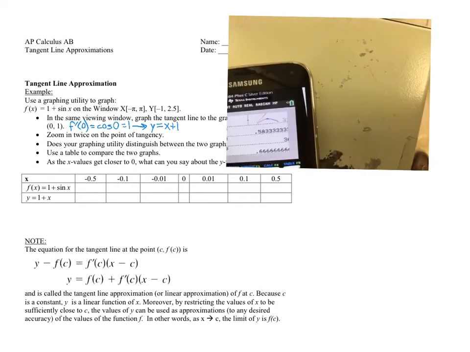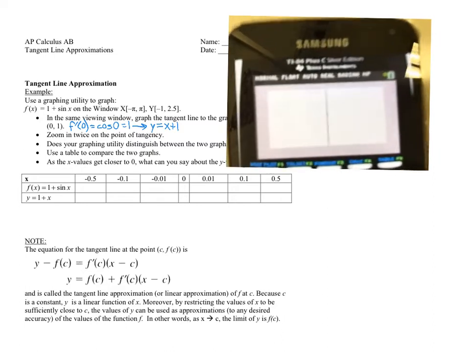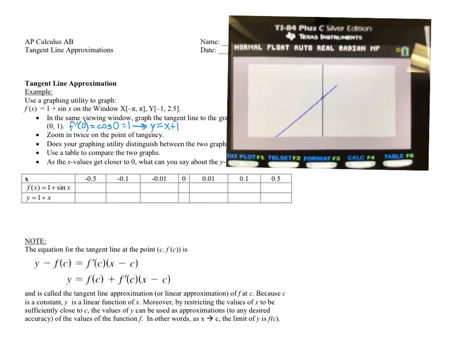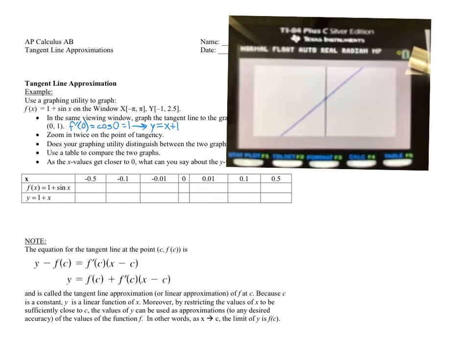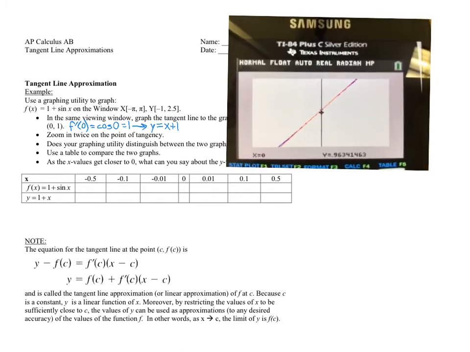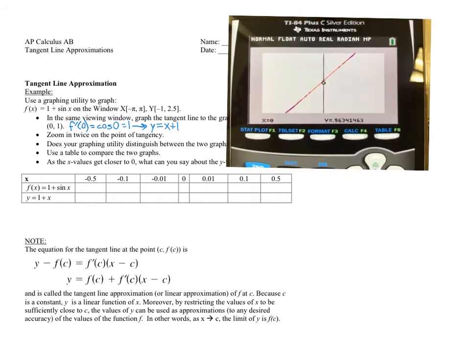Okay, let's zoom in, enter. So there's the sine curve, which was the blue one on mine. And here comes the line. Ooh, that's really close. Now we could do this again, but I think we can get the picture just from this.